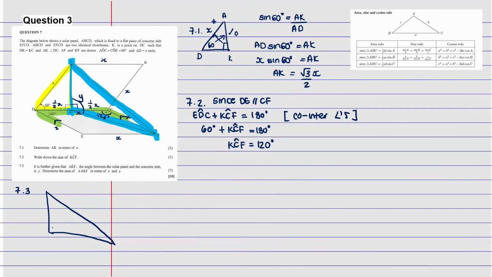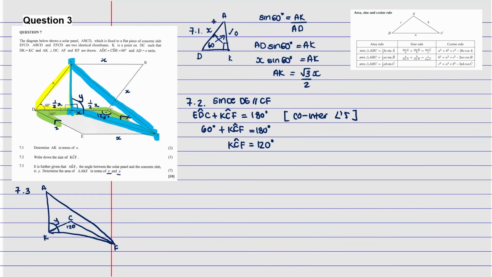Remember the fact that it has the C. We know this is C here, and this is 120. And we know this whole thing is Y, and we need to determine the area in terms of X and Y. So this Y needs to play a role. So we know this is A, K, and this is F.